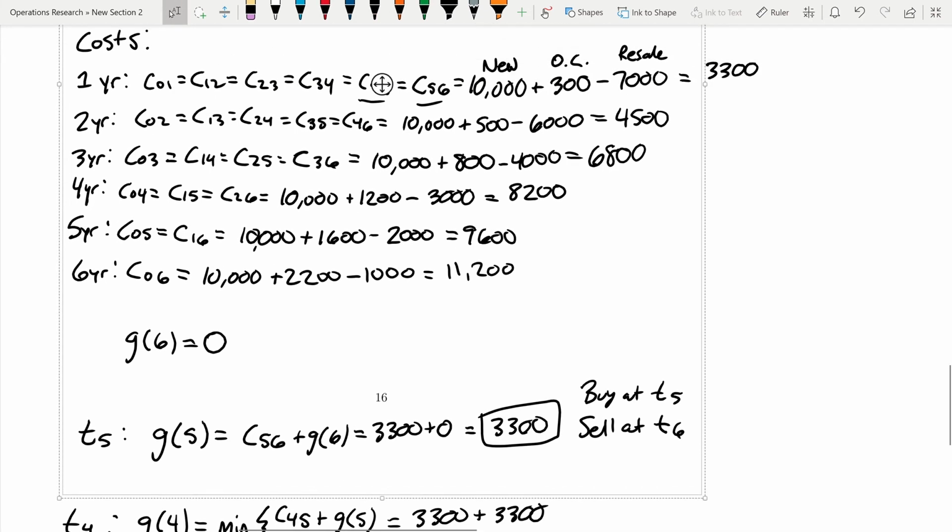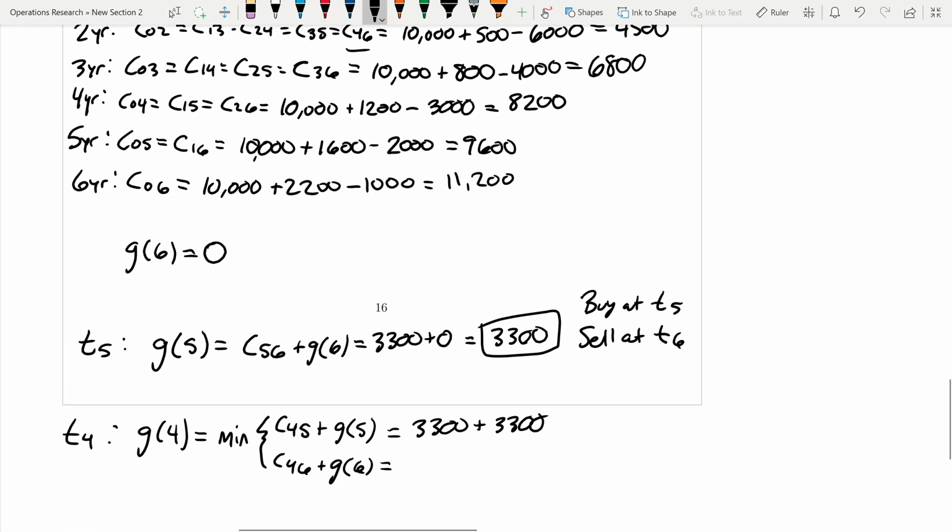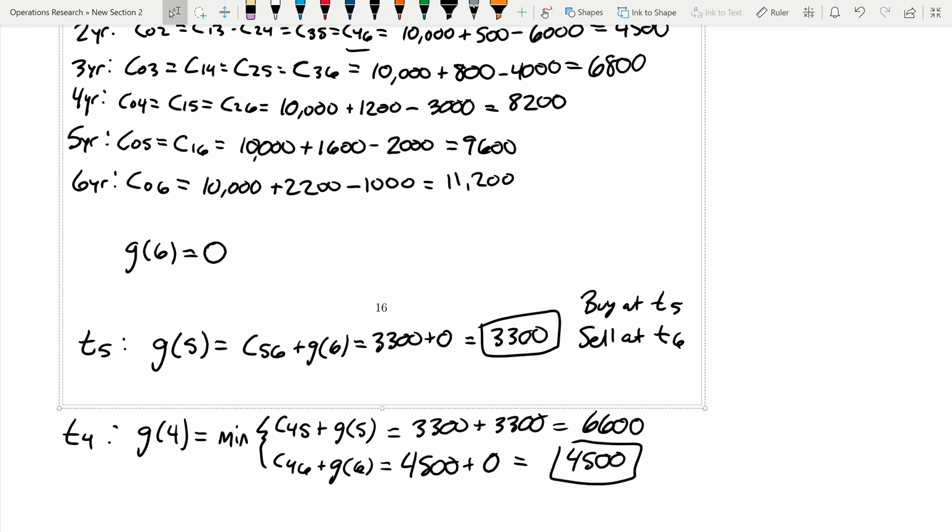And then going from 4 to 6, we've got 4,500 plus G of 6 is just 0. So between our options of 6,600 and 4,500, 4,500 is obviously the lower option. So if we buy at T4, we should sell at T6.